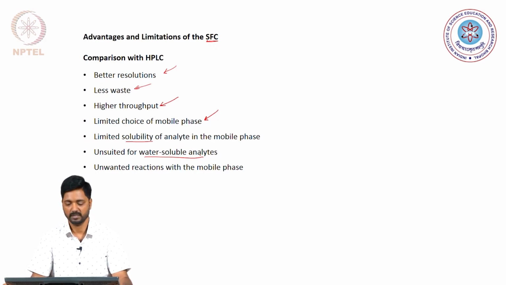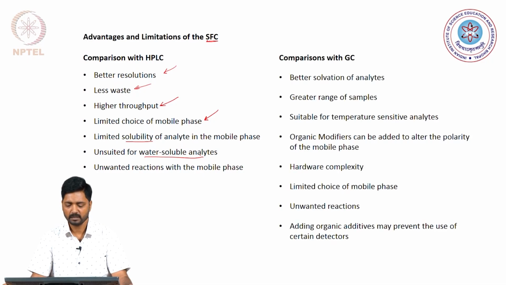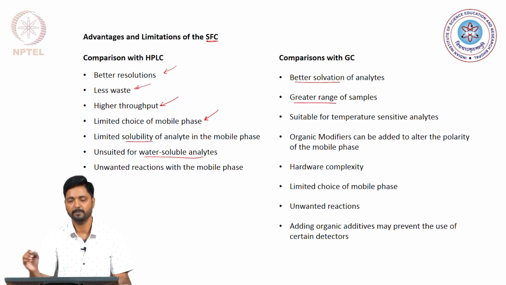to be avoided. If I compare the supercritical fluid chromatography with gas chromatography, we see that because of the higher density of the supercritical fluids, we achieve much better solvation of the analytes, and as a result we will be able to handle a greater range of samples.